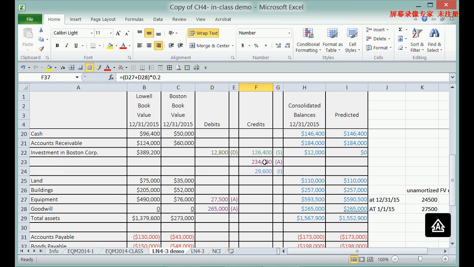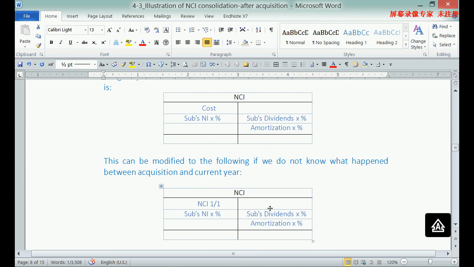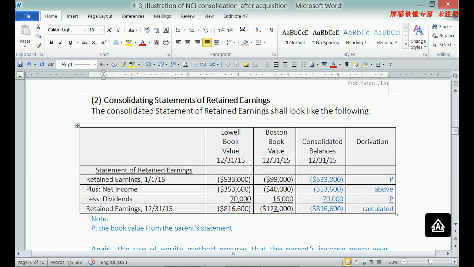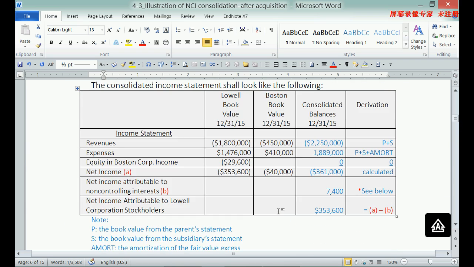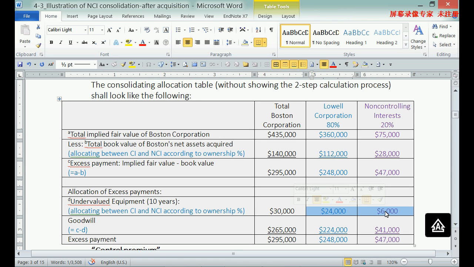That's where my mistake comes from, because remember, the CI and NCI are not paying the subsidiary on the scale of 80 and 20. Rather, the equipment excess is split between the two by 80 and 20, but the goodwill is not. So when we do the A entry, we cannot split the equipment plus goodwill by 80 and 20 because the goodwill is not split according to the proportion.